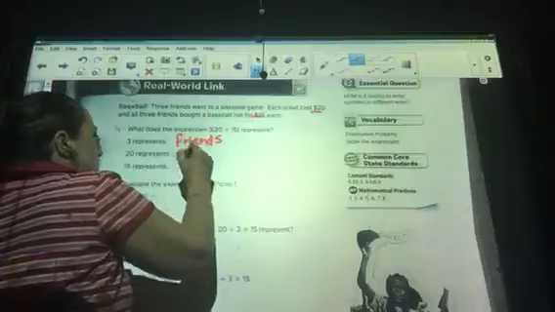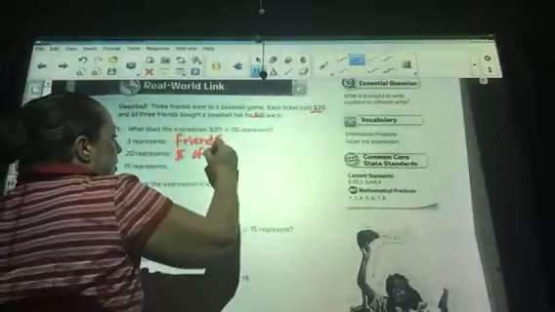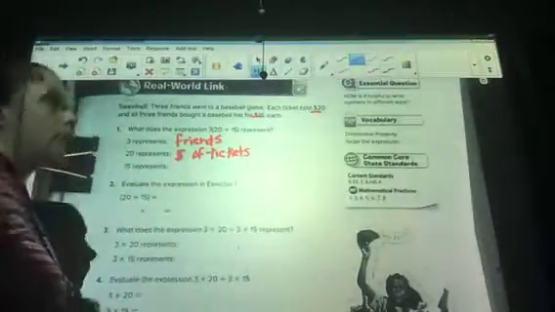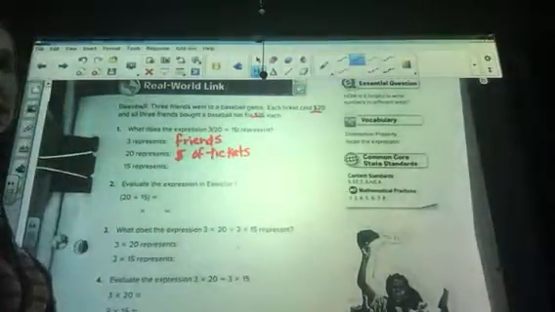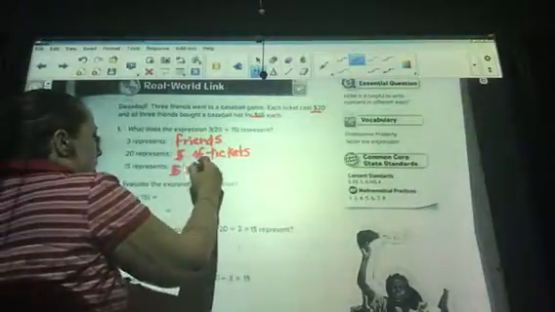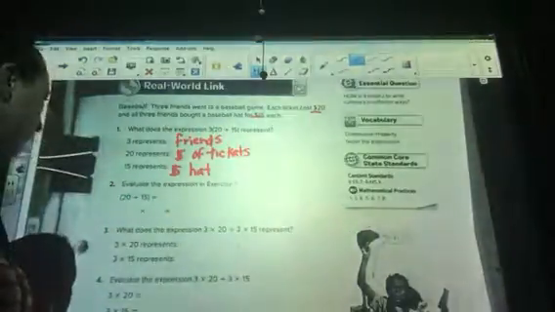It represents the cost, I'm just going to put a $ sign, of the tickets. And finally, what does a 15 represent? And that is cost of the hat. Cost of the hats that they bought.